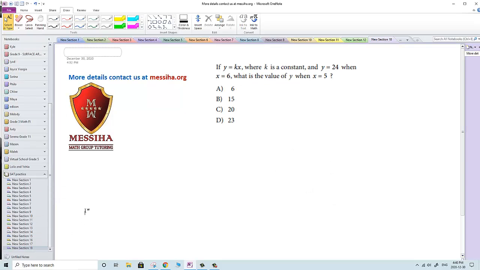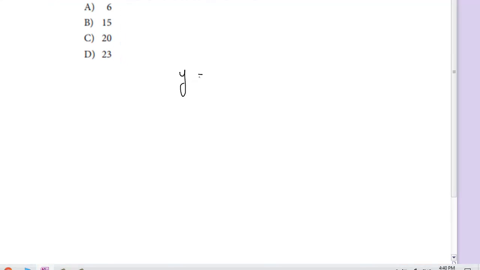Next, if y equals kx, where k is a constant, and y equals 24 when x equals 6. Let's take this one first. The relation is y equals kx, and it's saying y equals 24 when x equals 6.